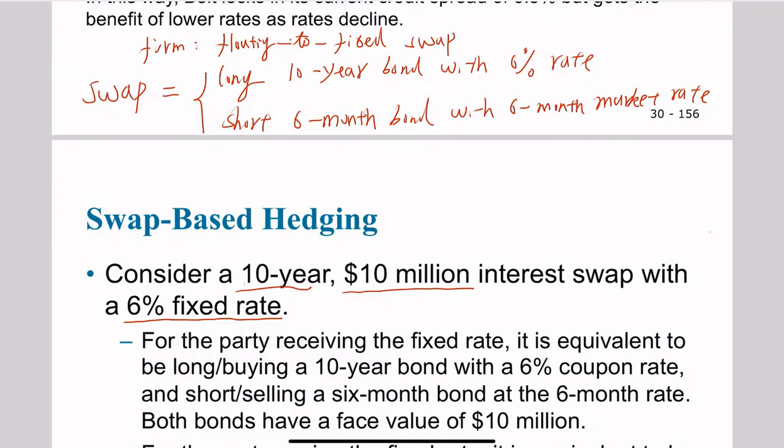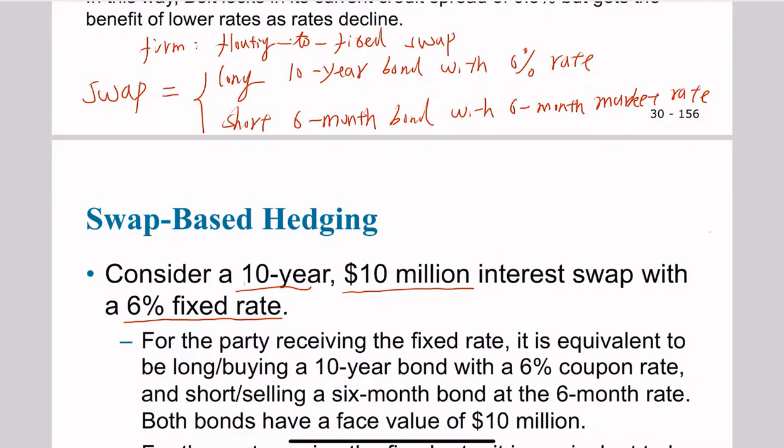And in this case of selling a bond and buying a bond, if the firm is buying this 10-year bond with 6% rate, then this firm will get this 6% fixed rate. And if the firm is selling or taking a short position in the 6-month bond, then the firm will have to pay this 6-month market interest rate, right?